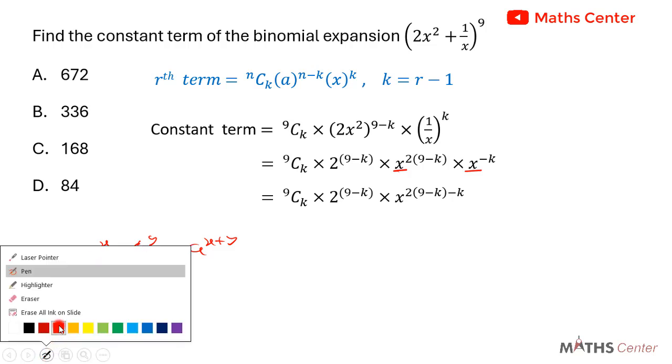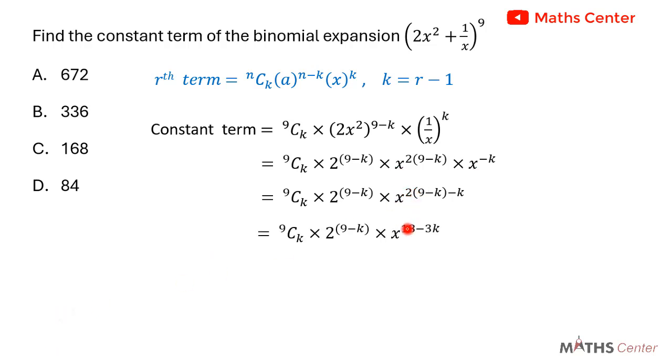Let's continue. 2 times 9 gives us 18. 2 times negative k gives us negative 2k. So we are going to have 18 minus 2k minus k. And that gives us 18 minus 3k, because negative 2k minus k gives us negative 3k. So our expression is now 9 combination k times 2 exponent 9 minus k times x exponent 18 minus 3k.